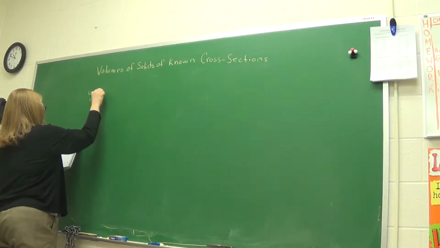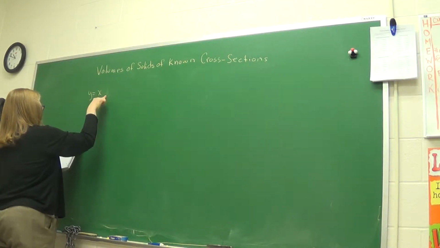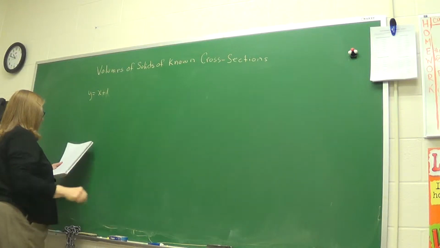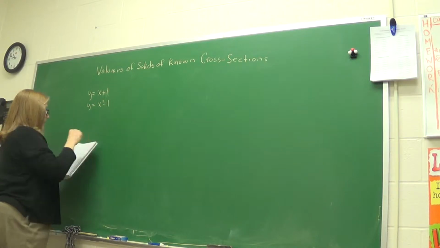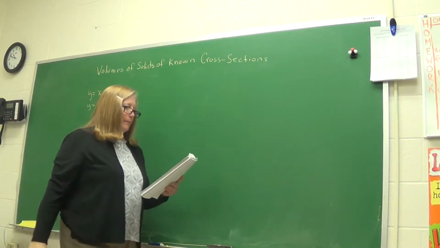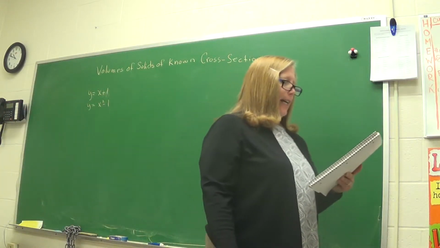Let's establish, we're going to take this function, y equals x plus 1, and y equals x squared minus 1. And we're going to find that area first.